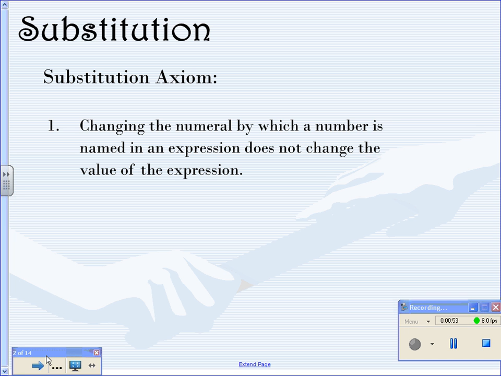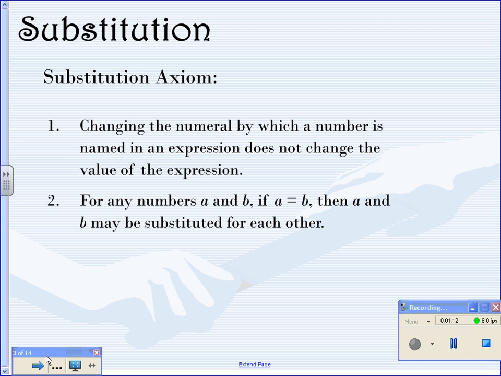So changing the numeral by which a number is named in an expression does not change the value of the expression. For any numbers a and b, if a equals b, then you can exchange a and b in that problem.